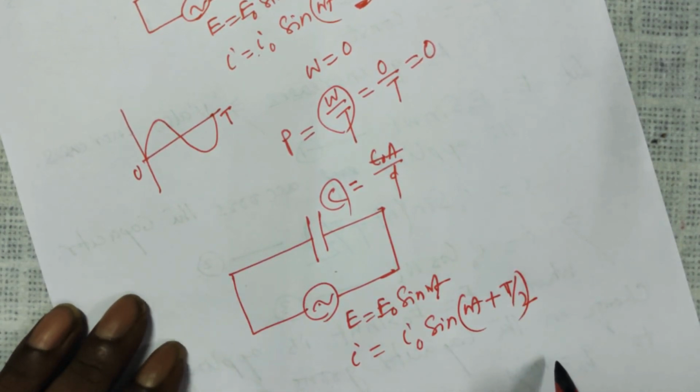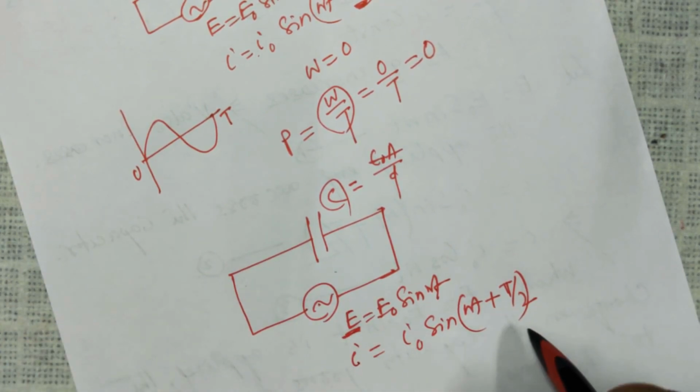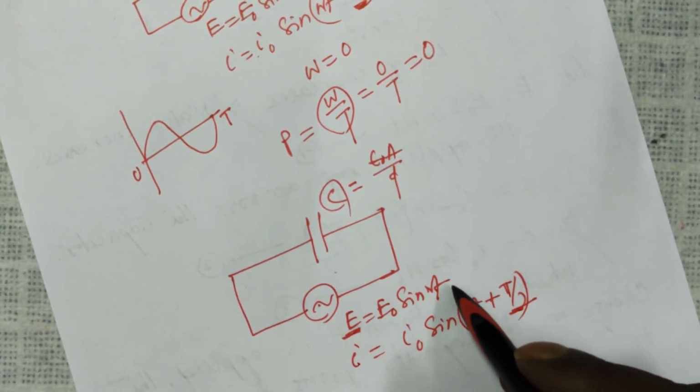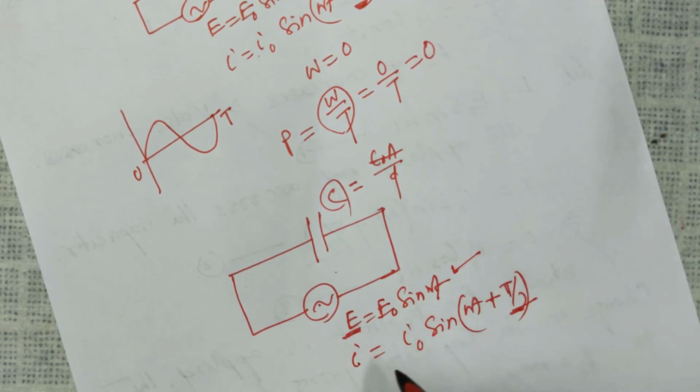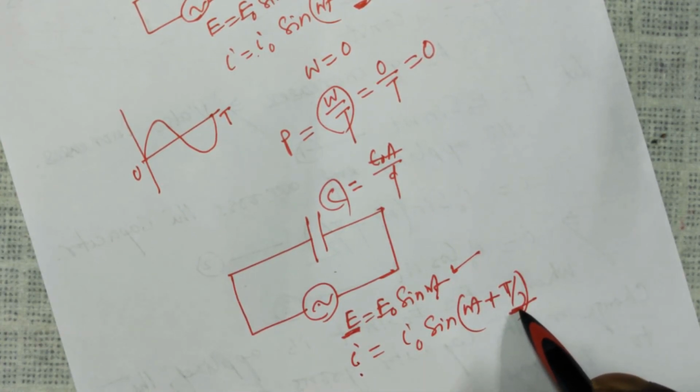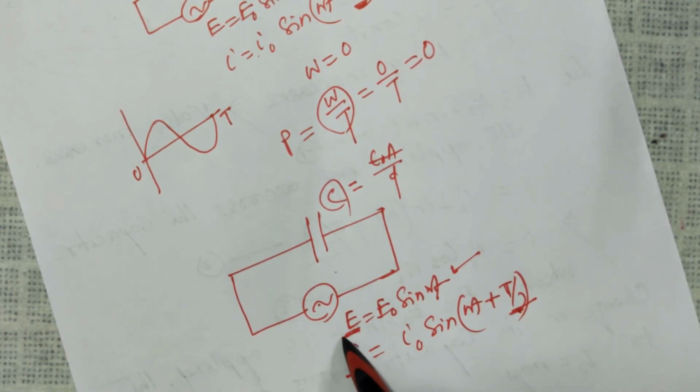This means the current is ahead of the EMF by pi by 2, or the voltage is lagging behind the current by pi by 2. Ahead of or lagging behind is one and the same thing.